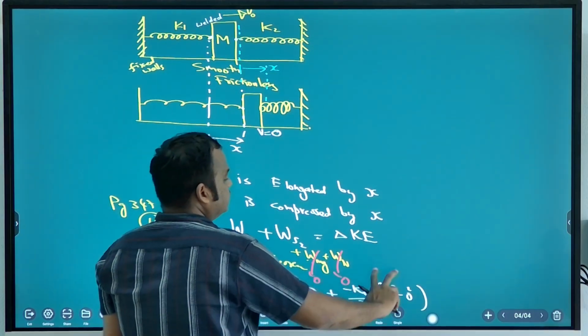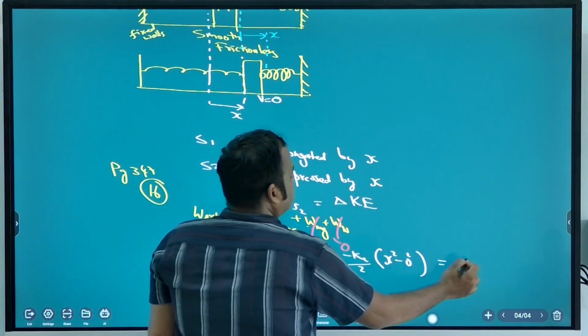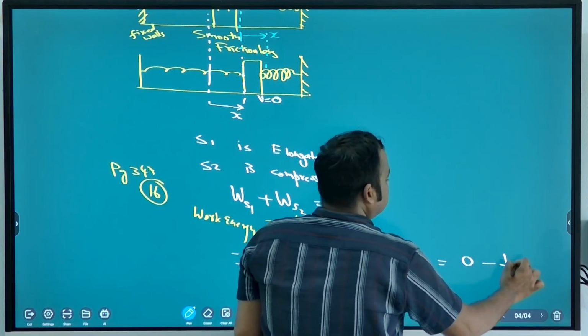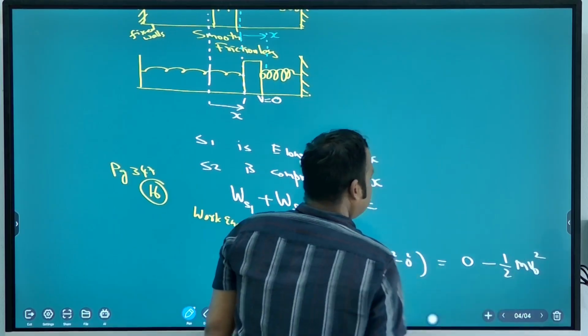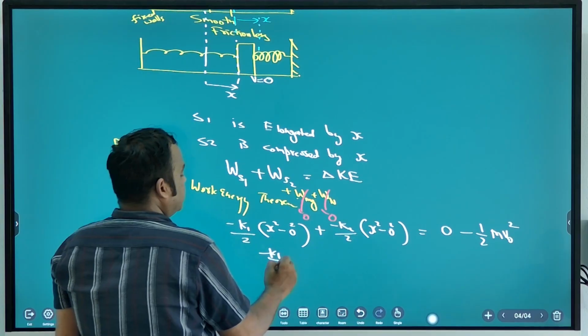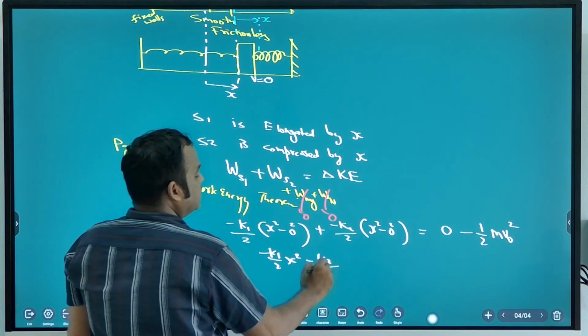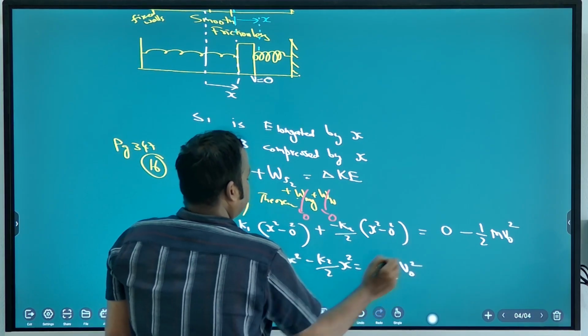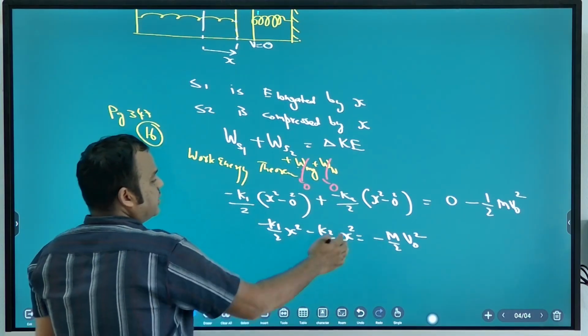Now that is equal to final kinetic energy 0 minus initial kinetic energy, half m v naught square. So minus k1 by 2 x square minus k2 by 2 x square is equal to minus m by 2 v naught square. Clear? Minus signs cancel.